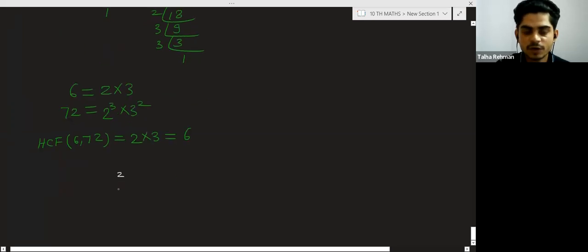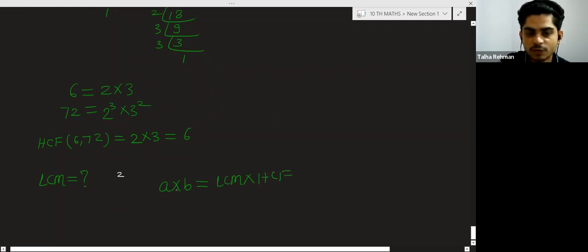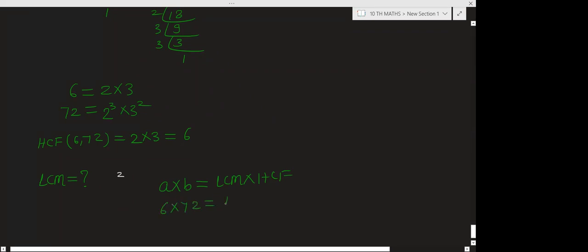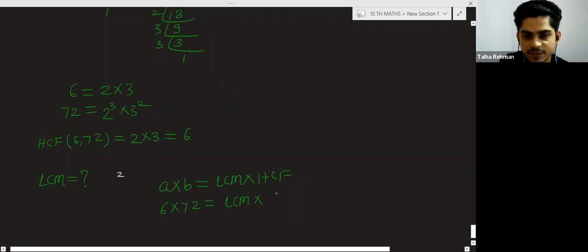And if I want to find the LCM now, I will use this formula: LCM into HCF. This is the LCM of two numbers, this is the HCF of two numbers. What are the two numbers? 6 into 72. I want to find the LCM, and I have HCF 6.